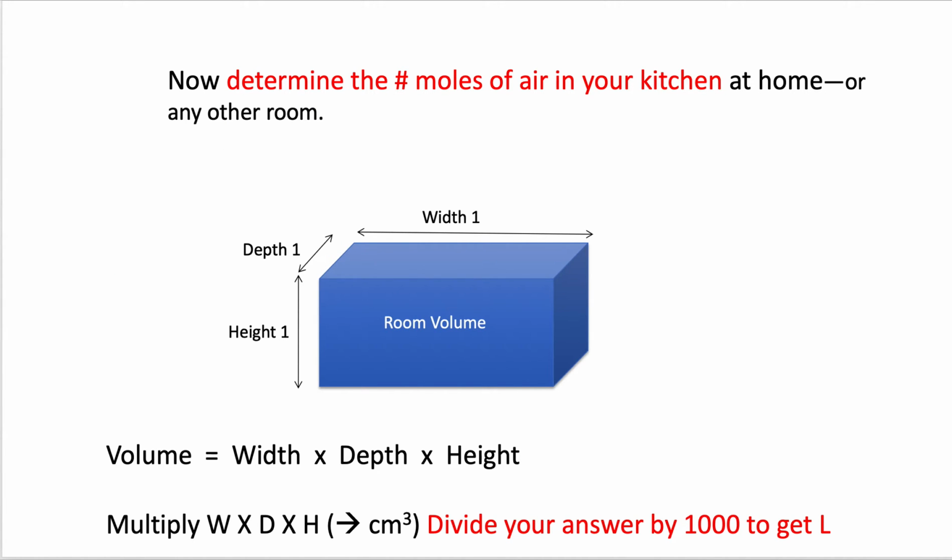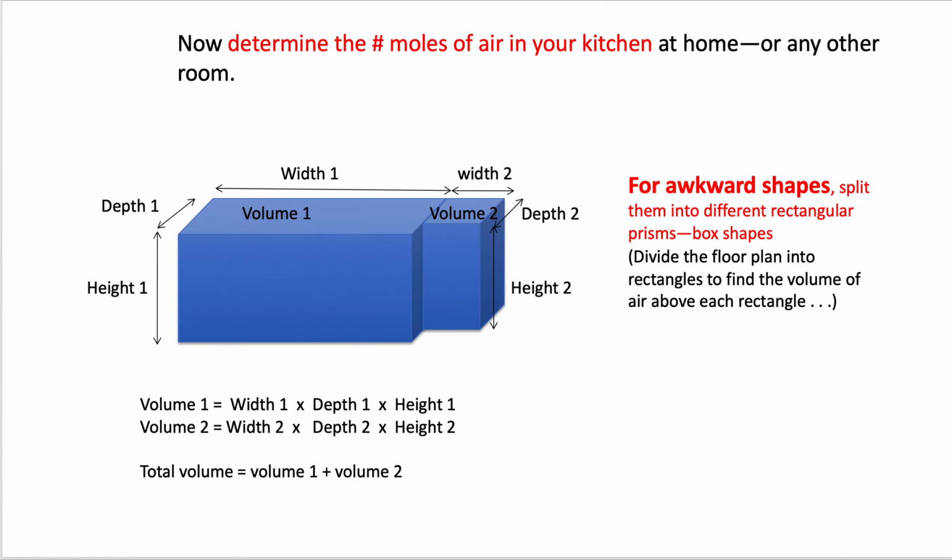And if it's a rectangular prism, you're going to get the volume by multiplying width times depth times height. And when you get your answer, you can divide it by 1,000 to get litres. But perhaps before you do the calculation, your room might not be quite as straightforward as that.